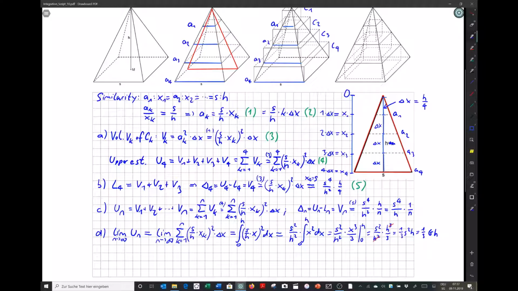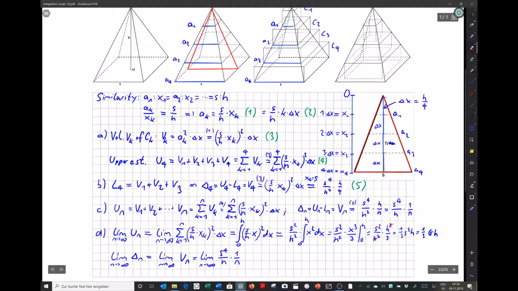Let us also look at what happens with the difference delta n between upper and lower estimate when n goes to infinity. So it's the limit for n going to infinity of Vn, which means the limit of n going to infinity of S to the power of 4 divided by H times 1 divided by n.